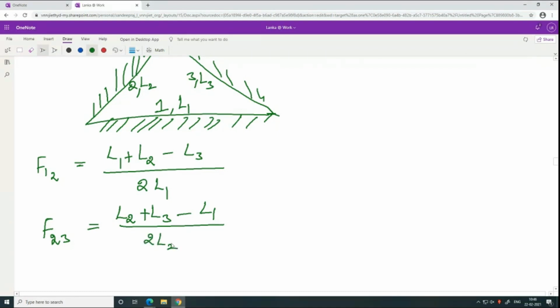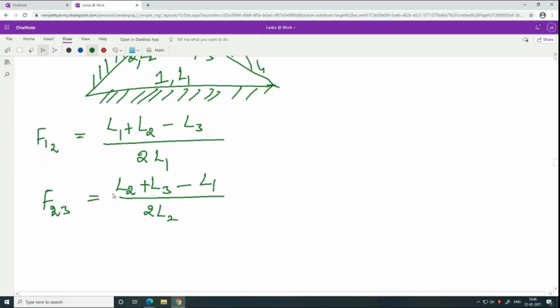In the same way you can write the shape factors. You will get 6 shape factors, 6 combinations here. I'm writing it for F13 here. F13 will be equal to L1 plus L3 minus L2 by 2L1.